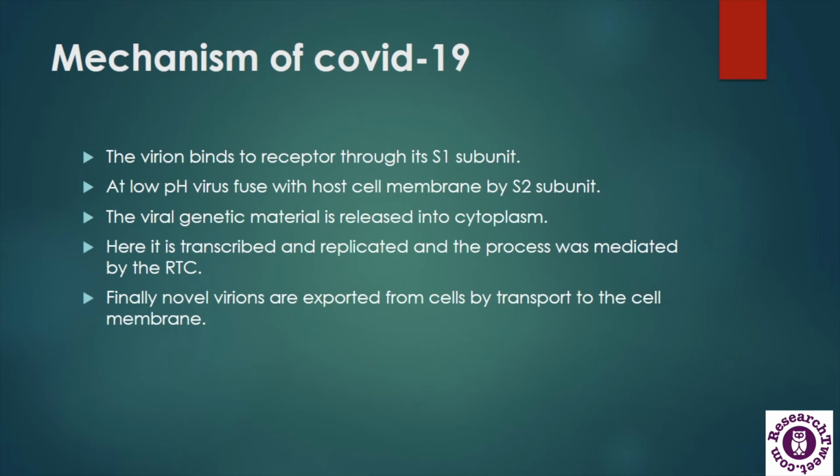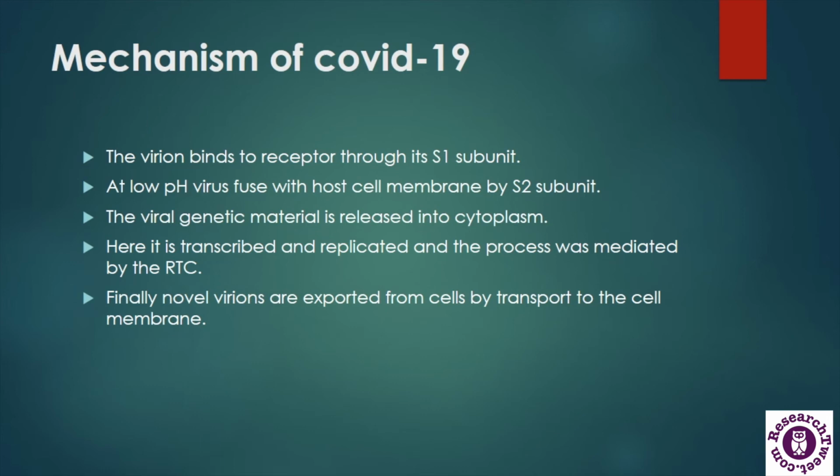The S1 subunit helps to bind the virions to the cell surface receptors so that they can get into the cell with the help of a cell signaling pathway. It is suggested that at low pH, these viruses fuse with the host cell membrane by the S2 subunit of the spike protein, and after that the viral genetic material is released into the cytoplasm.